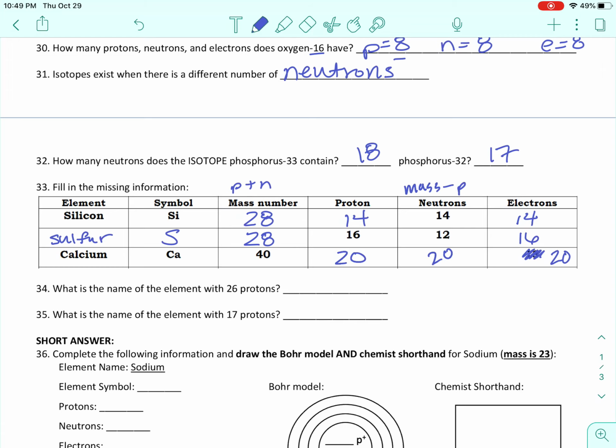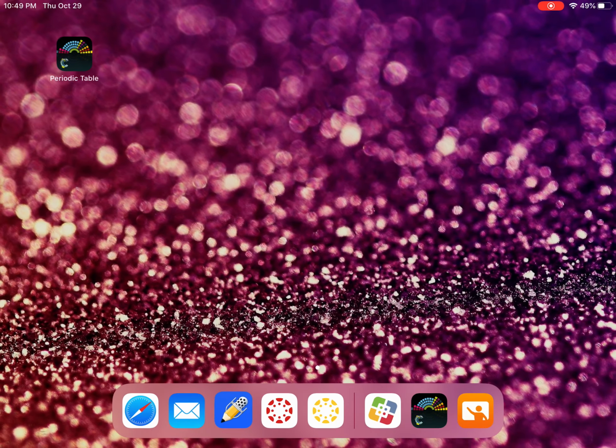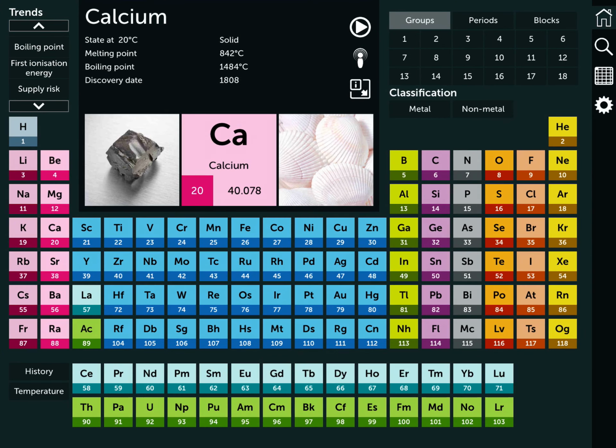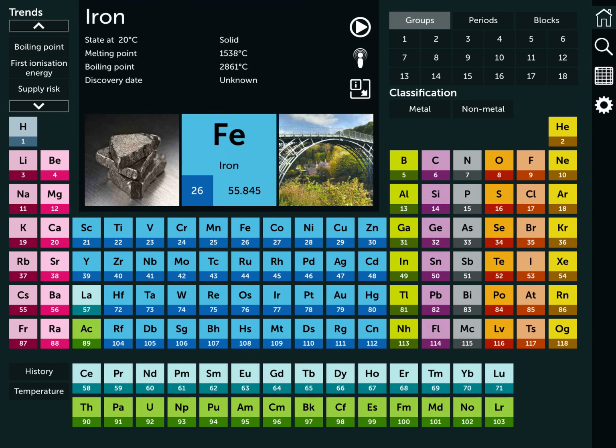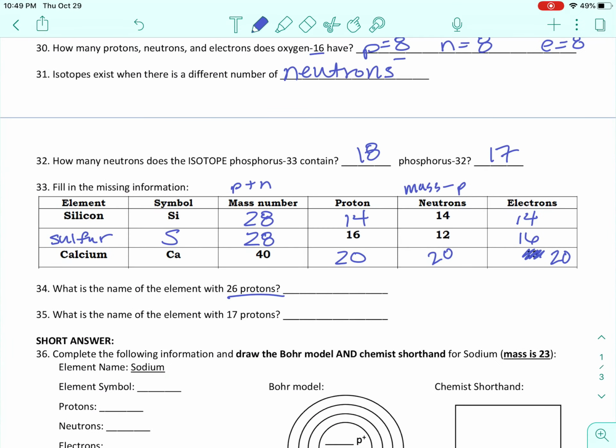What is the name of the element with 26 protons? Well, let's find out. Let's look up 26 on the periodic table. That is iron. What is the name of the element with 17 protons?